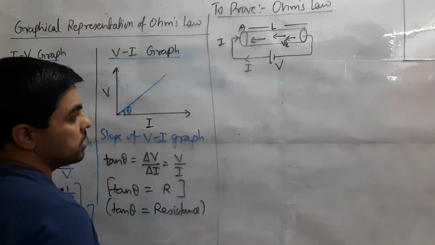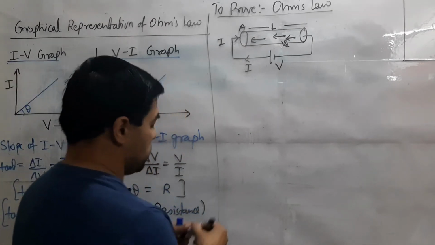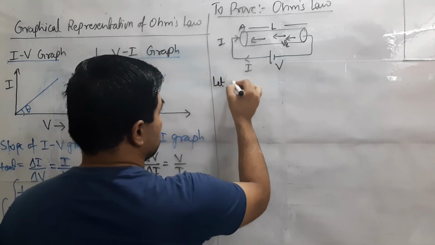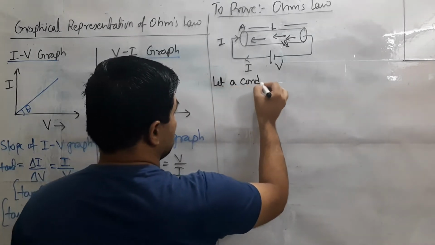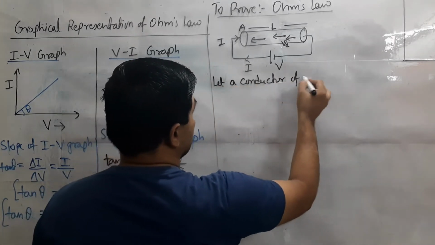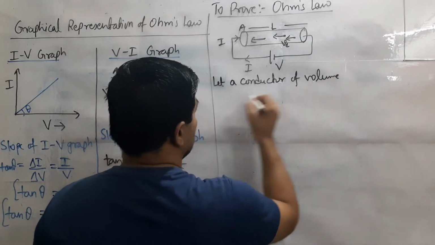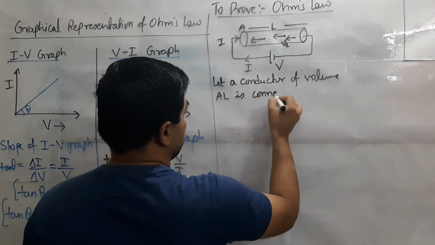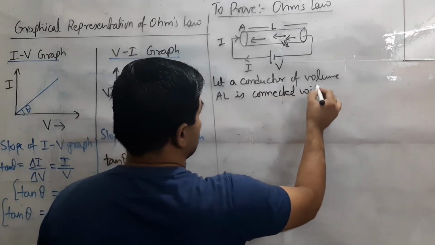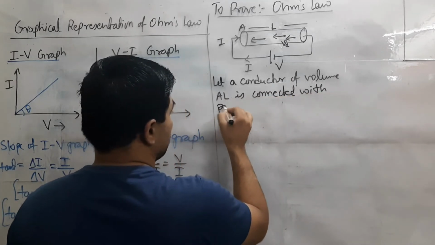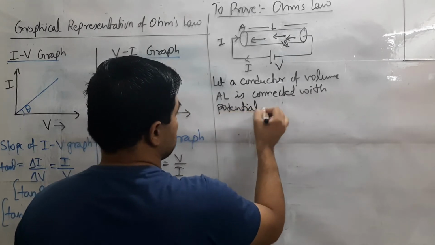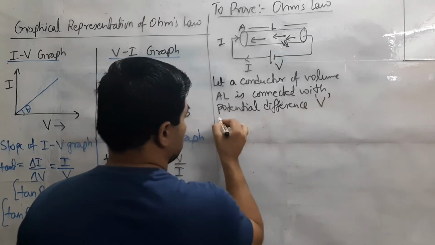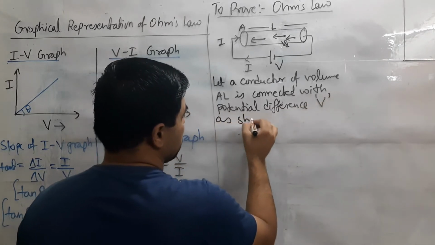For this proof, let us consider a conductor of volume AL connected with potential difference V, as shown in the figure.